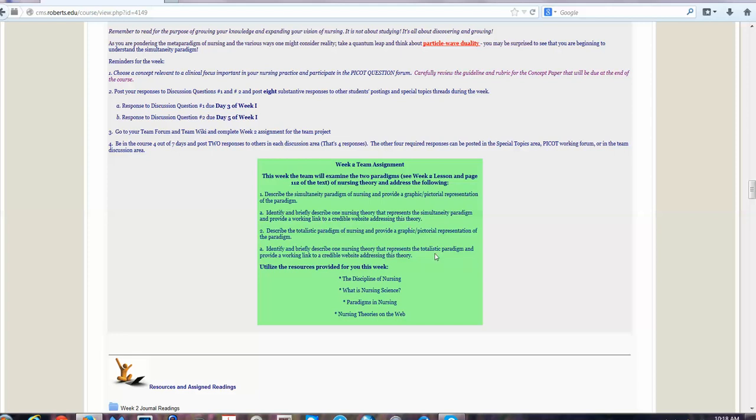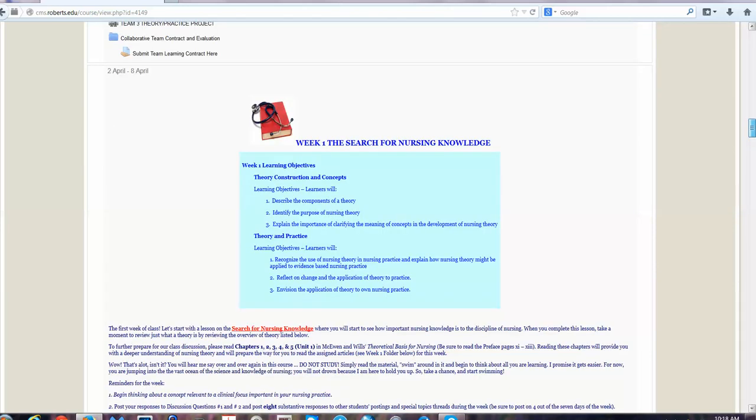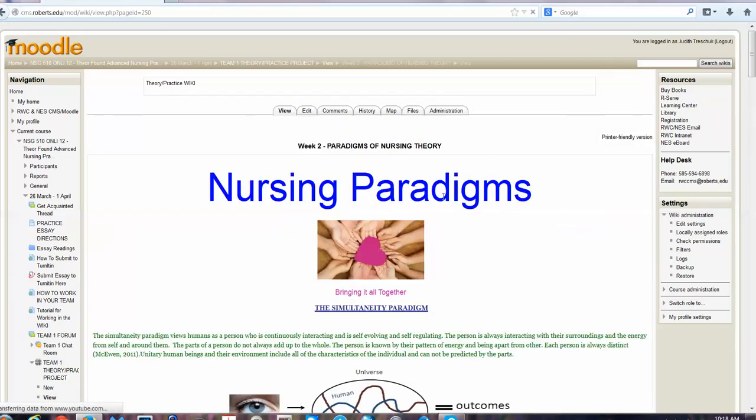And they had to give a graphic or pictorial representation of the paradigm. And then they had to identify a theory that reflected either of the paradigms. So you can see what they would learn from that, and working together in their team wiki, they had to answer those questions.